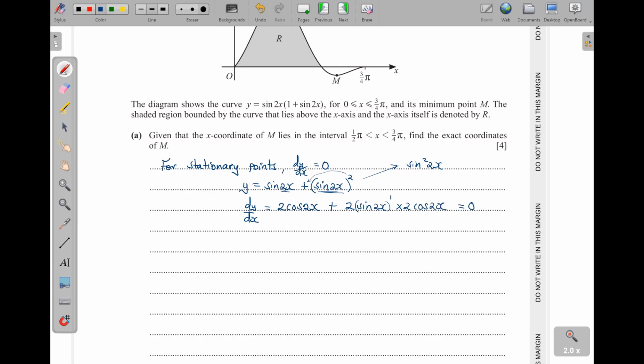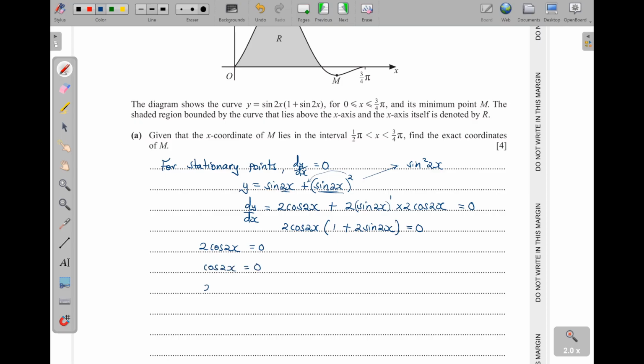Then I'm going to equate this to 0. Now we can see that 2 cos 2x is common. That means I will have a 1 here, then plus 2 sine 2x, which is equal to 0. So 2 cos 2x can be equal to 0, and then cos of 2x is equal to 0.